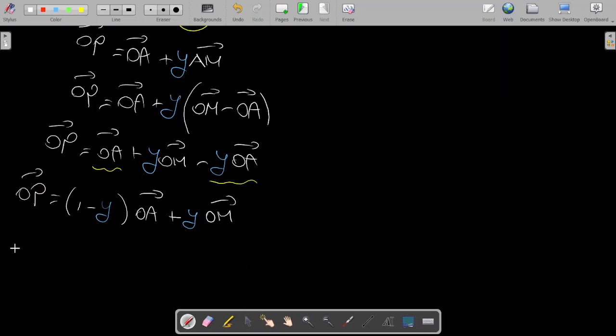Now I'm gonna get to that point when I mentioned that the OM can be described as 2B. So the OP vector is actually equal to 1 minus Y multiplied in OA. I'm gonna change the coding so you don't get confused.